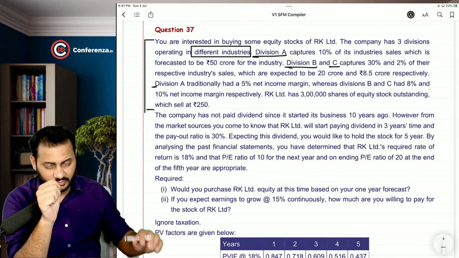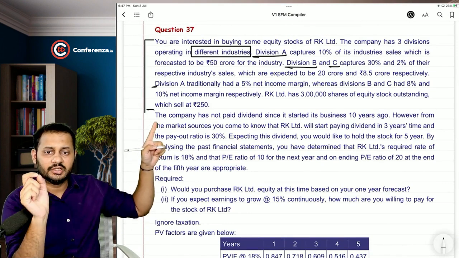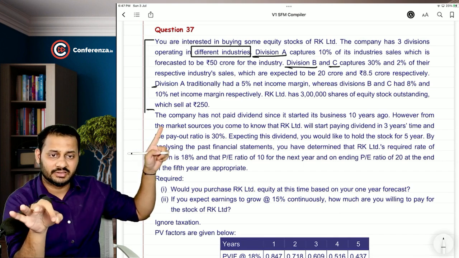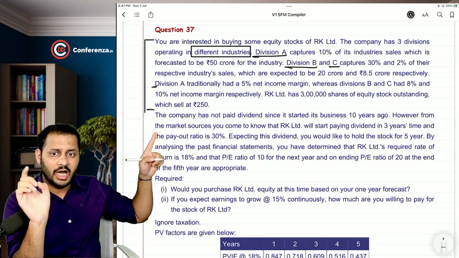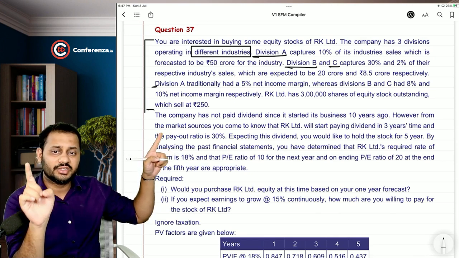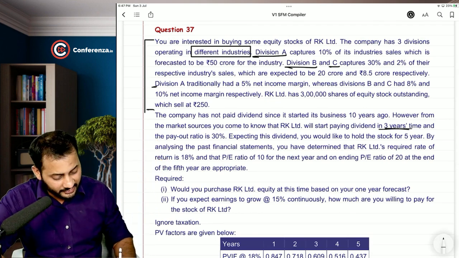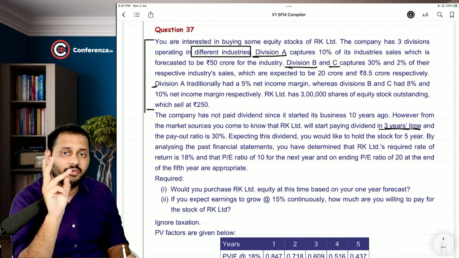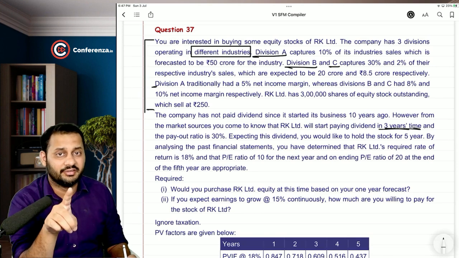Okay, good enough. Now comes the second part where we are going to use a lot of information. The company has not paid dividend since it started its business 10 years ago. However, from the market sources, you come to know that RK Limited will start paying dividend in 3 years' time. Not in the first year, not in the second year, but you will be able to see the cash inflow from the third year.